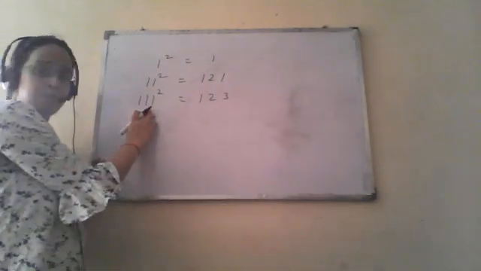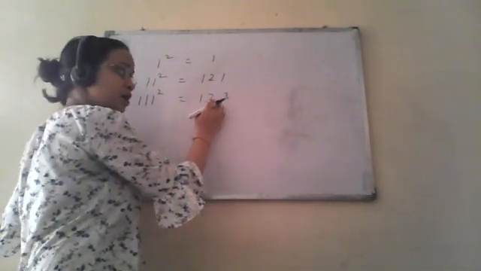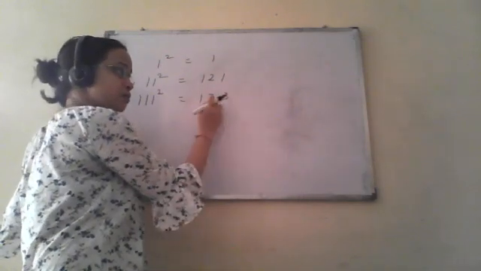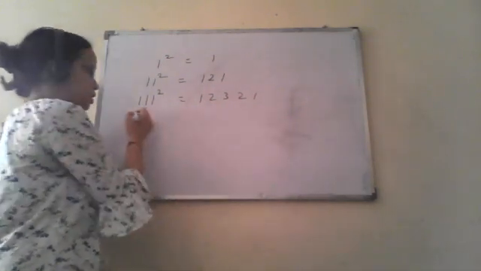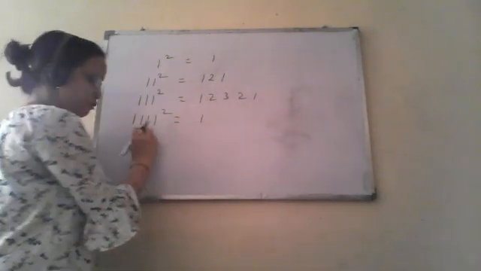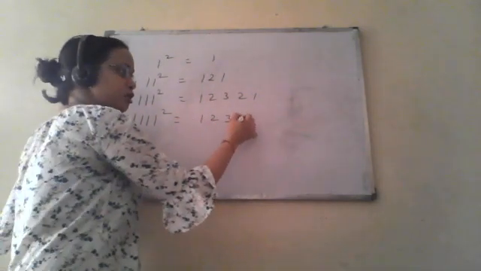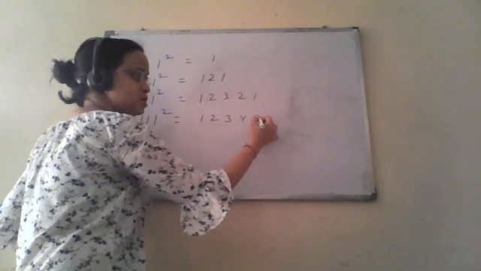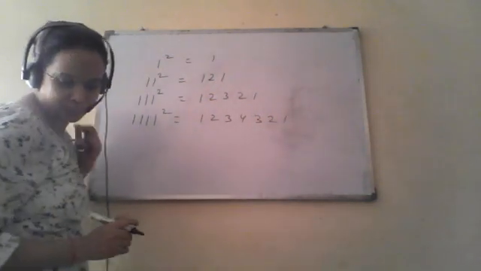See, there are three ones, so we write 1 2 3, and after that we have to reverse it, that is 2 1. If we talk about 1111 square, there are 4 ones, so we write 1 2 3 4, and again reverse it, that is 3 2 1. Clear?